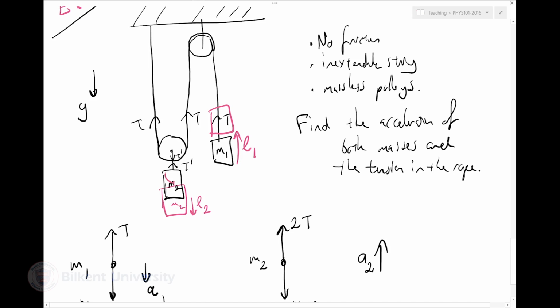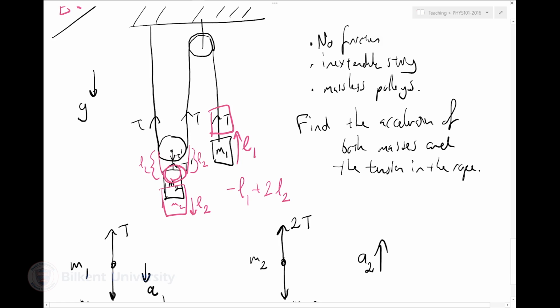Now, how much has the length of the string changed? Because I moved M1 up by L1, the string has to be shorter by L1. But it has extended twice by L2.